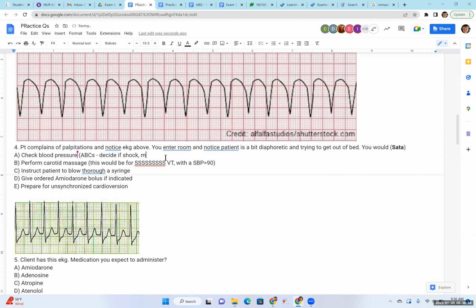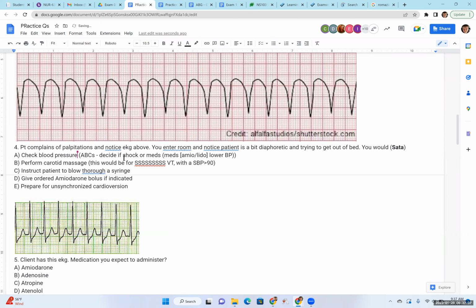Shock or meds, right? Because meds lower blood pressure. All right, such as which meds? Amio is what we can give for ventricular rhythms. I didn't give you lidocaine, but that's another one that you can use. Lidocaine is the alternative if you have a prolonged QT. All right, so you just put it there for funsies.